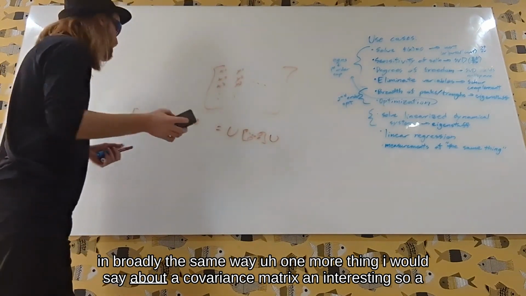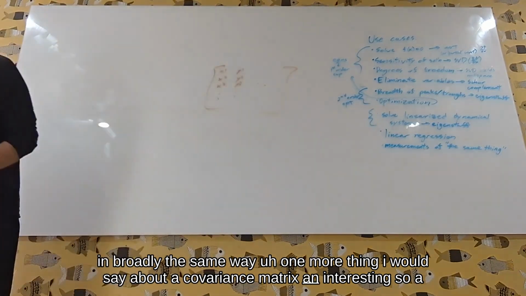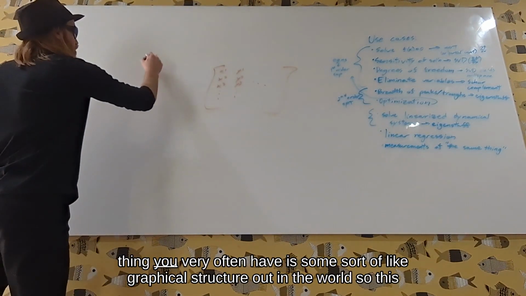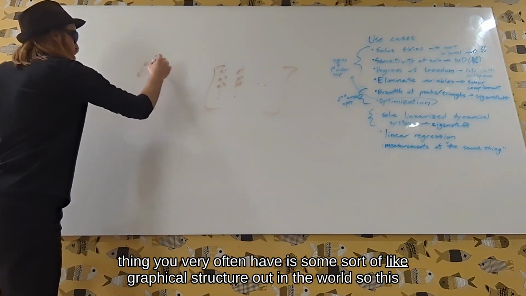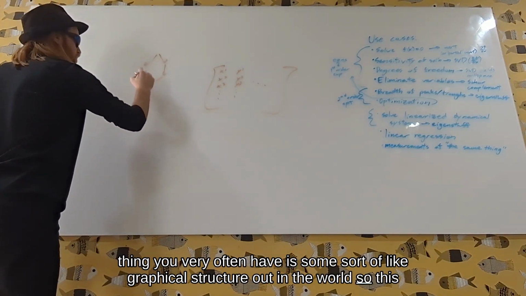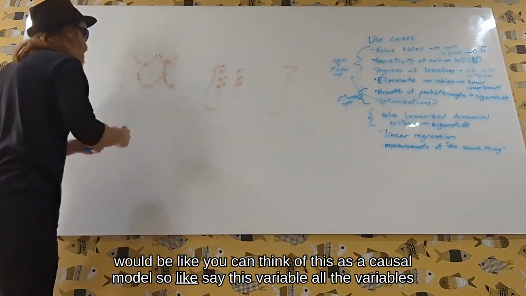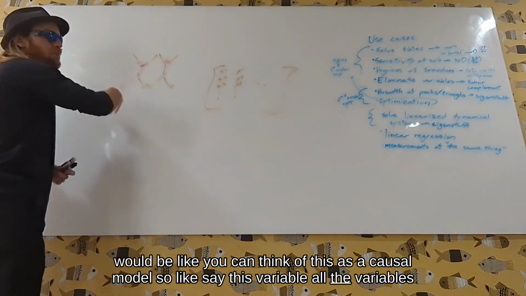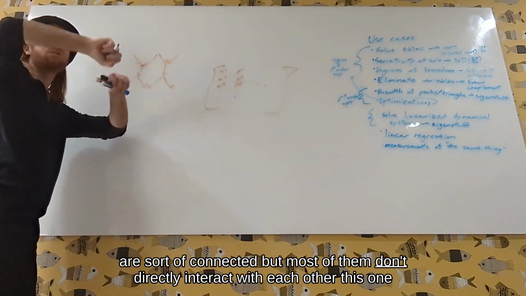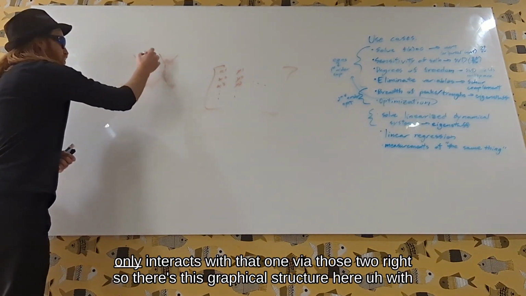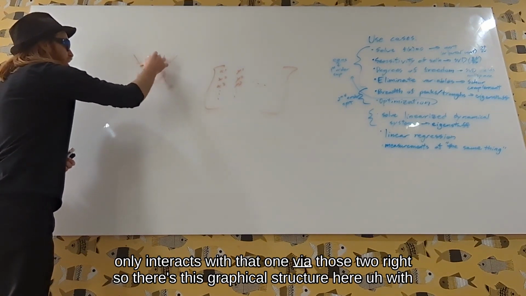One more thing I would say about a covariance matrix: a thing you very often have is some sort of graphical structure out in the world. You can think of this as a causal model. Say all the variables are sort of connected, but most of them don't directly interact with each other. So this one only interacts with that one via those two.